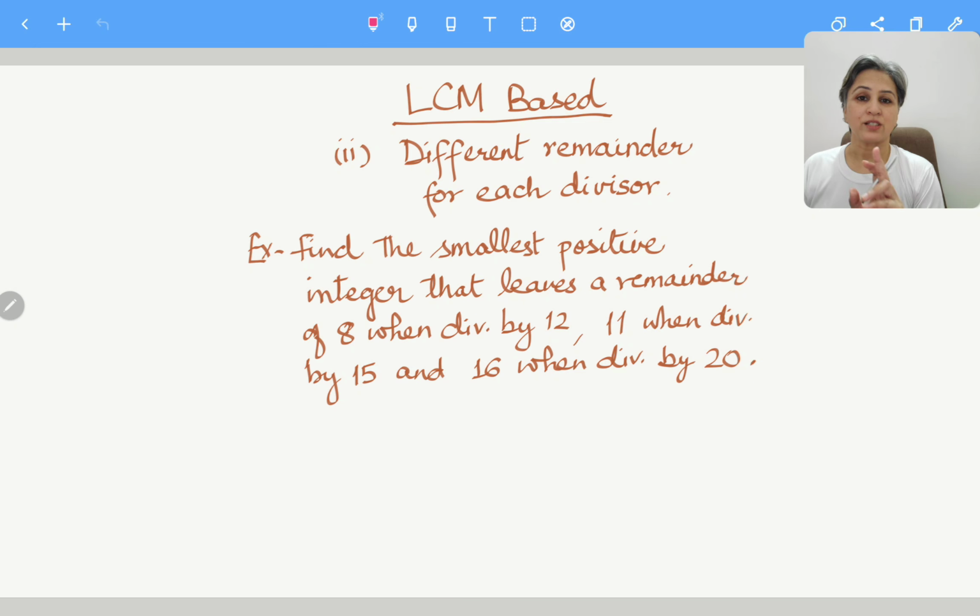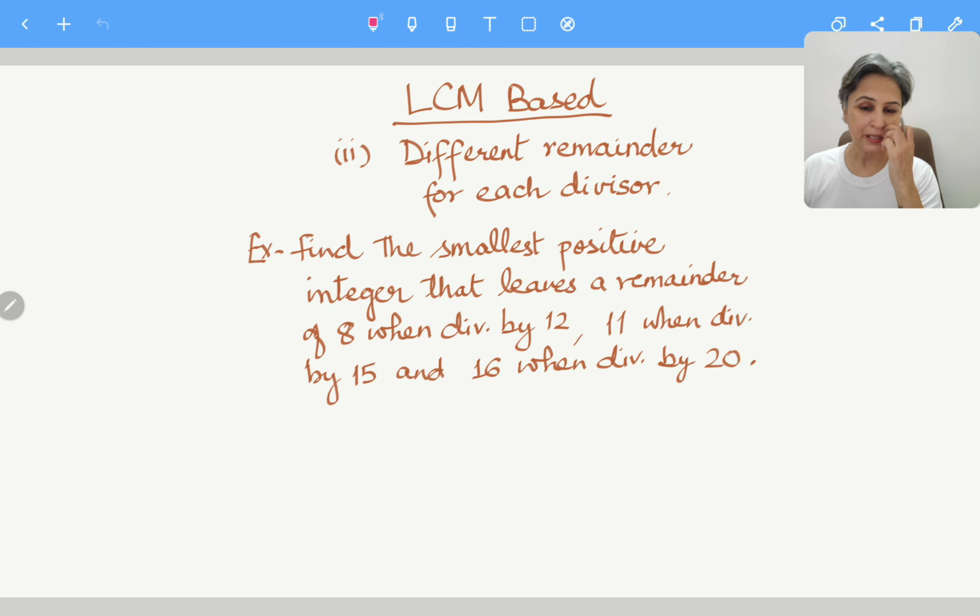Okay. Now this is a second case scenario where we can have different remainders for each divisor. Let's read the question. Find the smallest positive integer that leaves a remainder of 8 when divided by 12, 11 when divided by 15 and 16 when divided by 20.